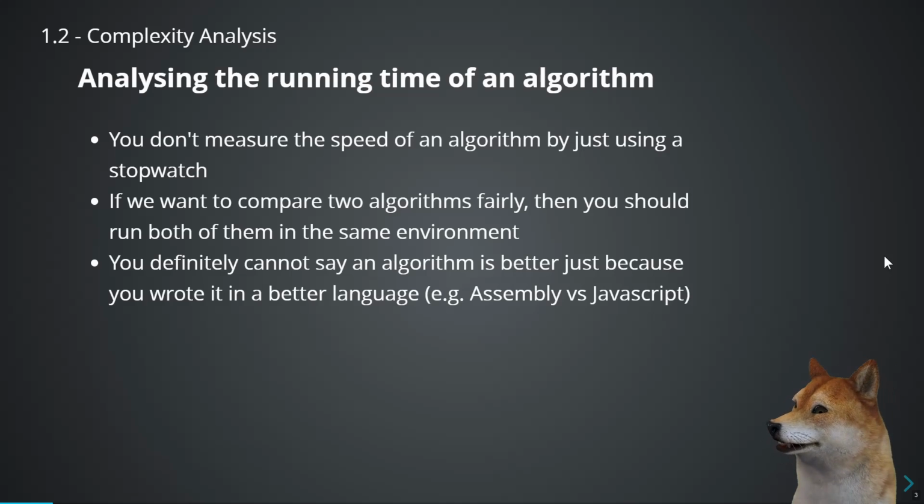And you definitely cannot say that an algorithm is better just because you wrote it in a different language. For example, if you write algorithm A in assembly and algorithm B in JavaScript, you can't say that A is better. Well, I hope the assembly one will run faster. But just because the assembly one runs faster, you can't say it's a better algorithm. It's running assembly, of course it's going to be faster.